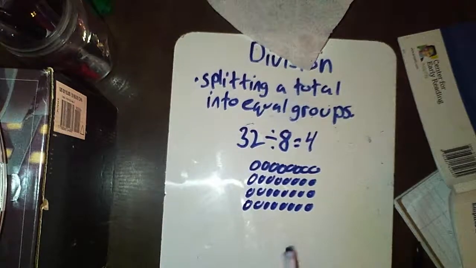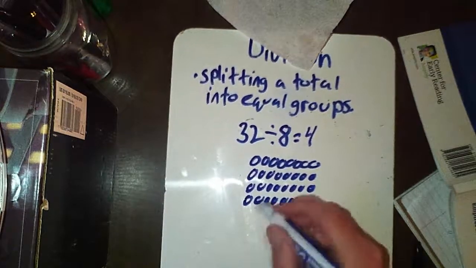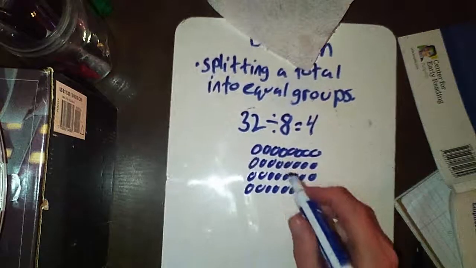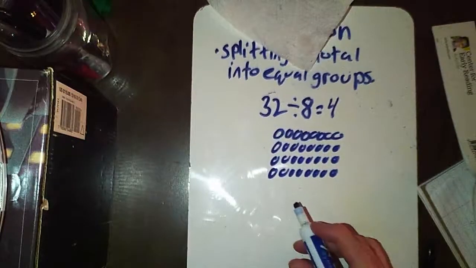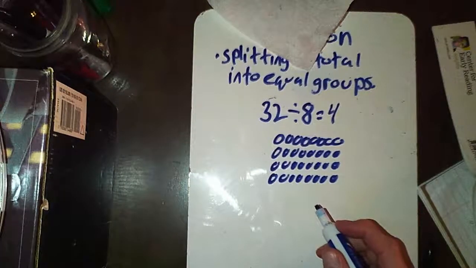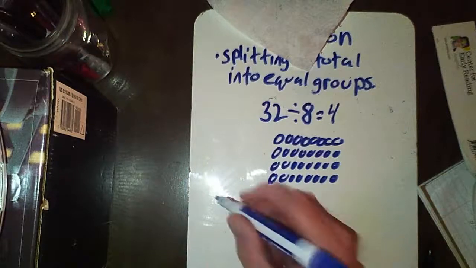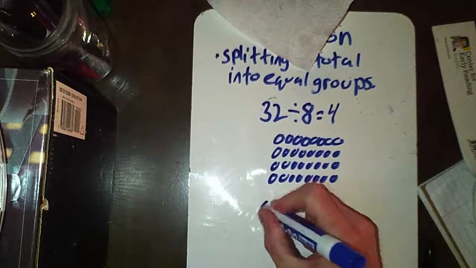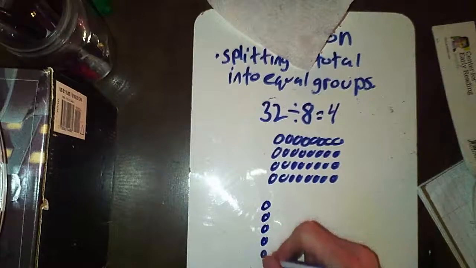Now we could also think about it this way. We could say we're going to make 8 groups. We're going to take 32 and we're going to make 8 groups. So we could do it like this. 1, 2, 3, 4, 5, 6, 7, 8.